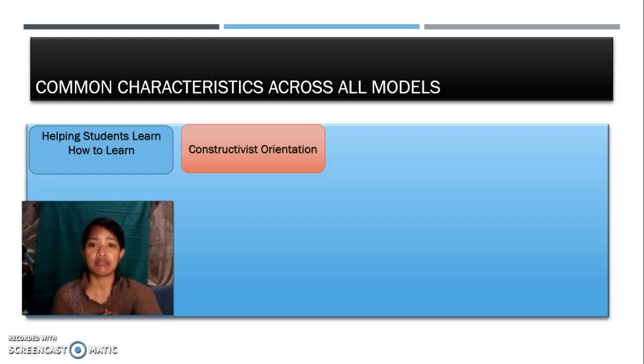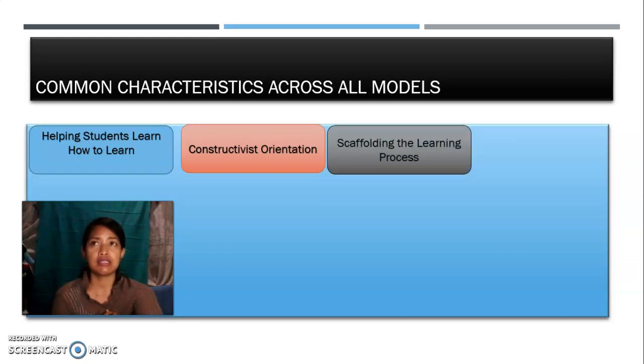So it's a constructivist orientation in which the student learns naturally. And then since the new paradigm teaching model provides students with a rich learning environment, it allows the scaffolding process of learning to occur, in which the student learns from the environment and maximizes the use of the zone of proximal development.